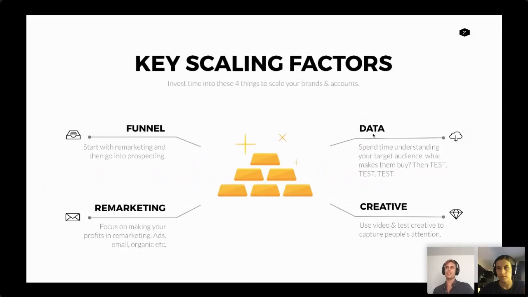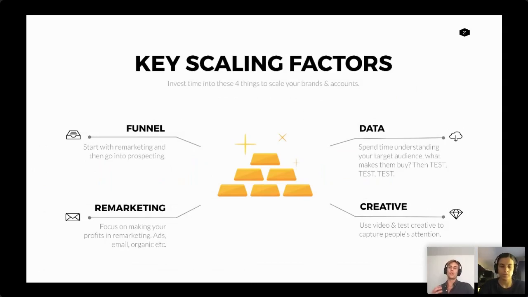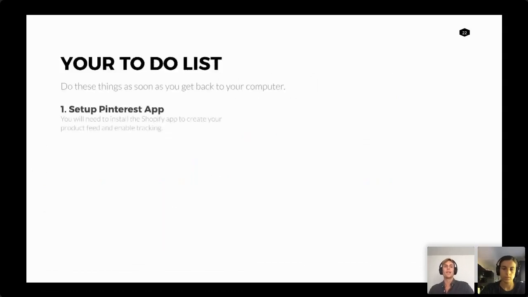So if there is an ad that doesn't have as good a click-through rate, or doesn't have as good a ROAS, turn that one off so that you can allocate your budget to the ads that are performing well. Same with your audiences and your keywords. And always be testing creative. Creative has the biggest impact on your ROAS of anything else that you'll do. You could have the best product in the world, but if you cannot demonstrate that in your creative, it's very hard to get people to click over and discover more about your product.